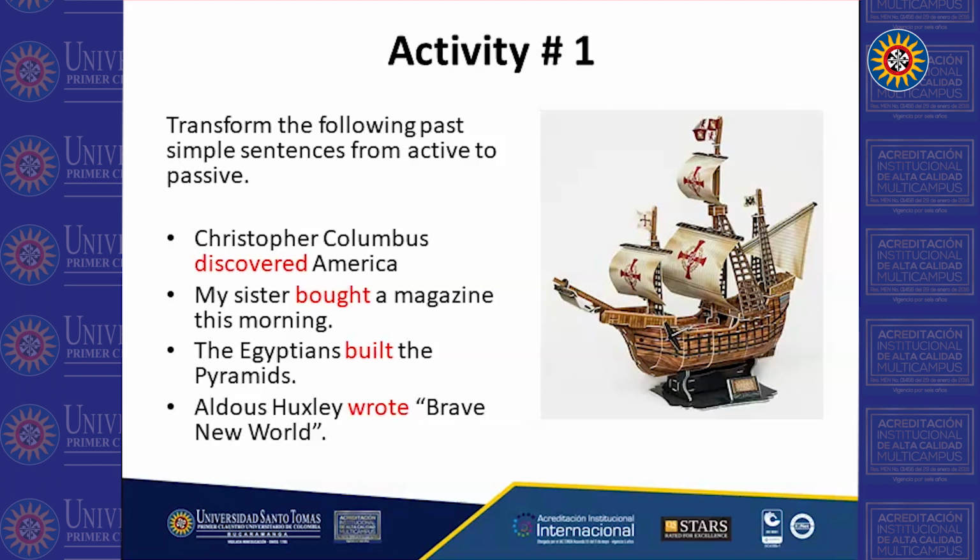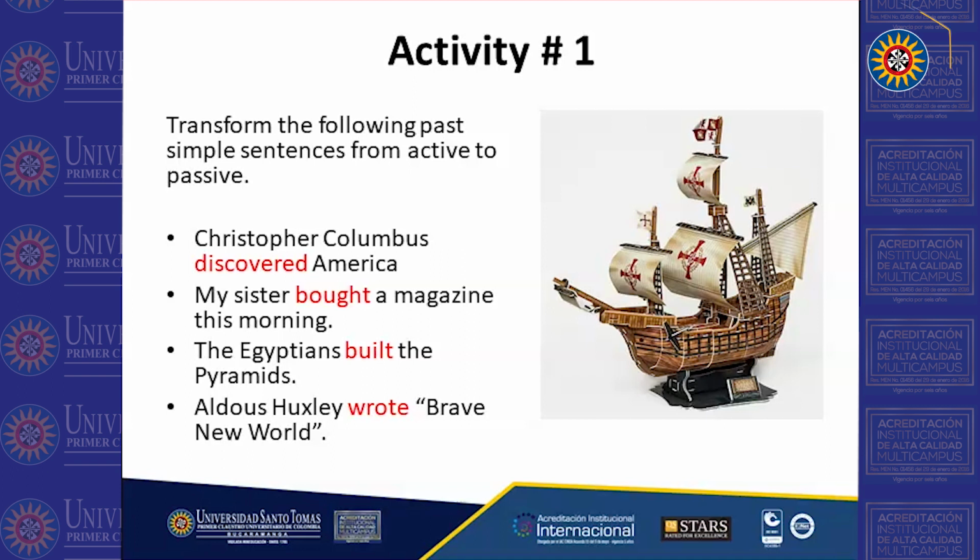How would you change it into passive voice? I recommend you stop the video for a minute and do the exercise on your own before I show you the answers. Remember that for the first one, you should emphasize America, and you should use the past of the verb to be, was, before adding the main verb.